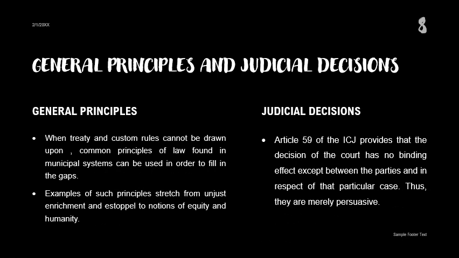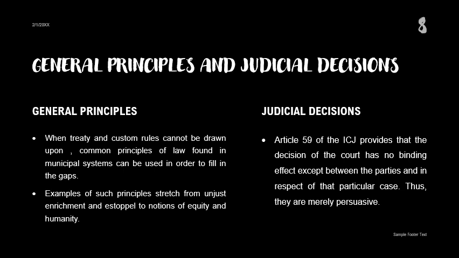Now, besides treaties and customs, we have general principles and judicial decisions. When treaty and custom cannot be drawn upon, common principles of law found in municipal systems can be used in order to fill in the gaps. For example, principles which stretch from unjust enrichment and estoppel, principles that really are common in most nations and they apply internationally.